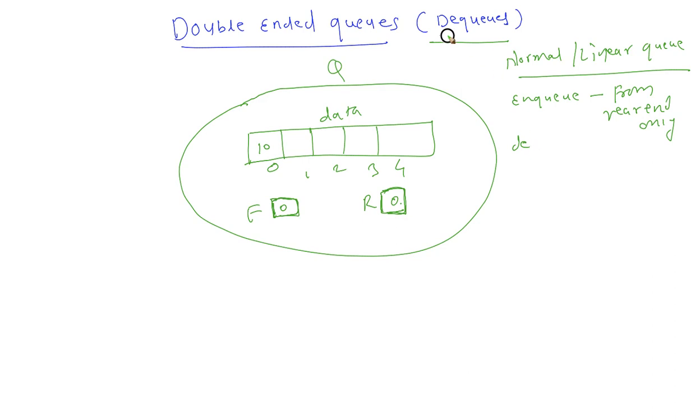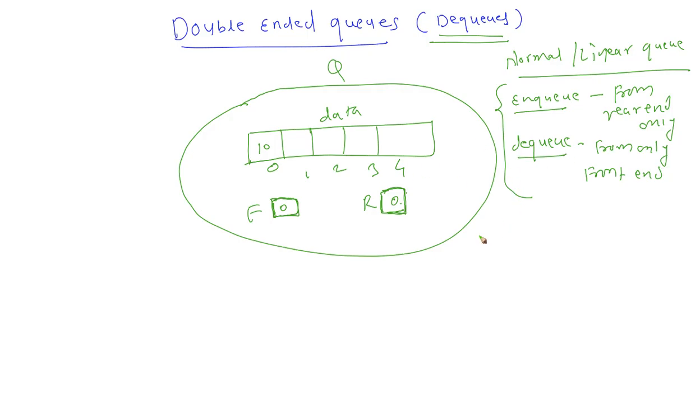This DQ operation means deleting an element from the queue from the front end only. So in a normal queue, NQ is done using the rear end only, and DQ is done at the front end only. That's the normal queue.